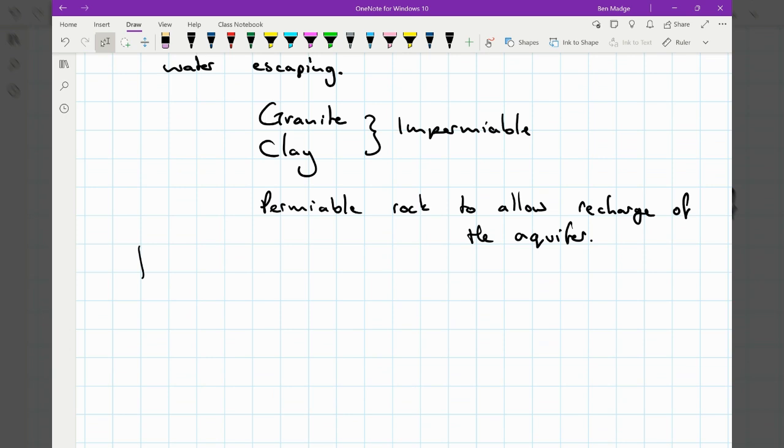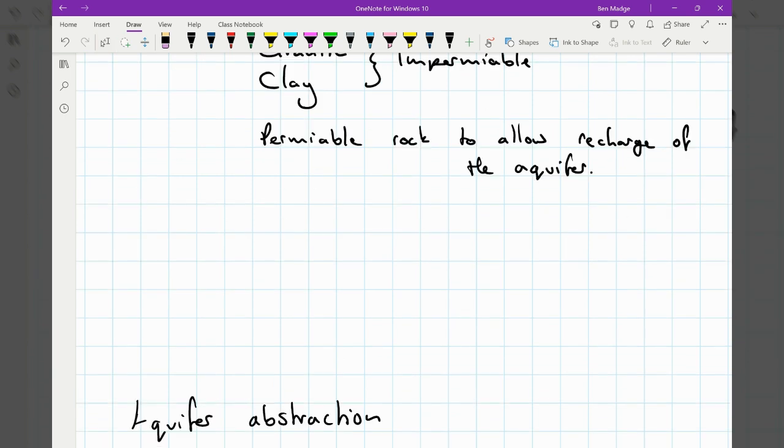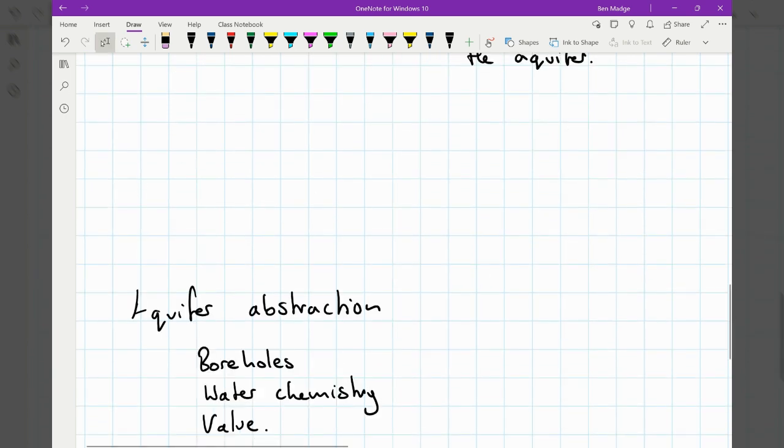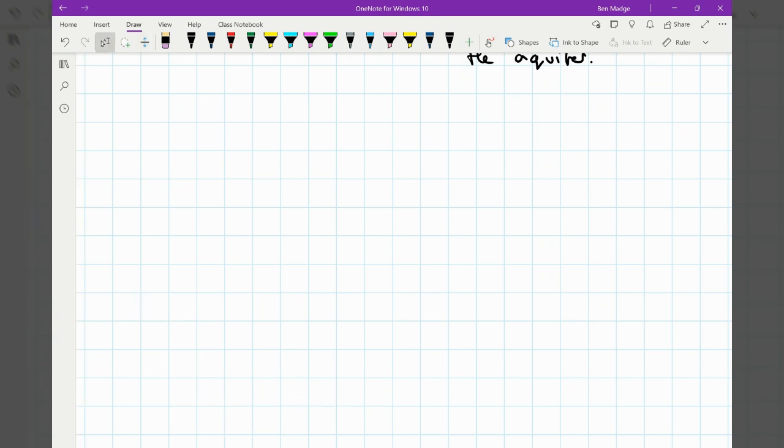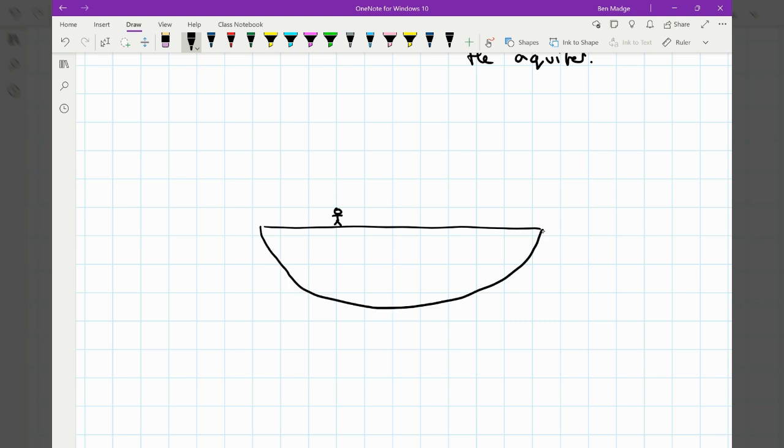So if we have a look at drawing an aquifer, what we would find is we might have a surface. This is not going to be to scale, I like to point out. And we might have a layer of impermeable material. So let's say that this is clay.